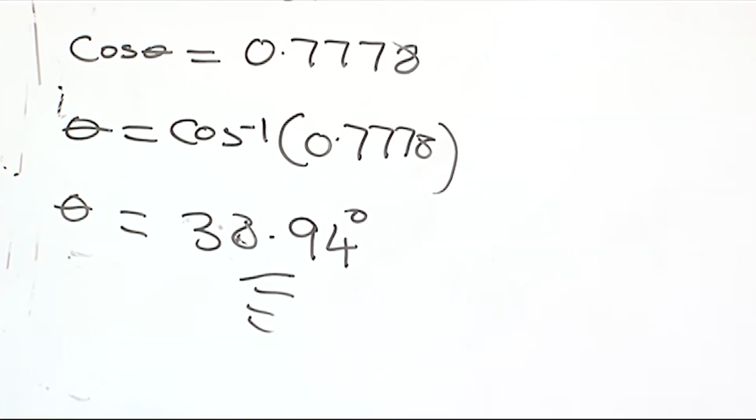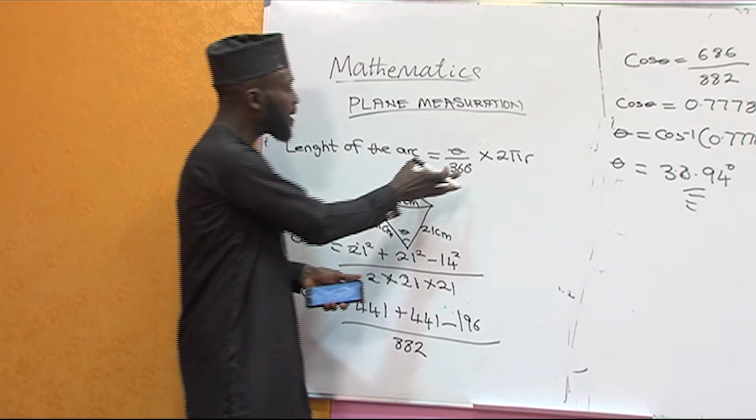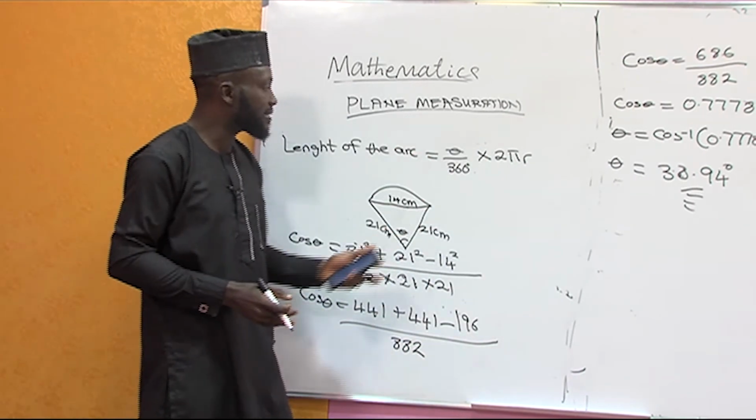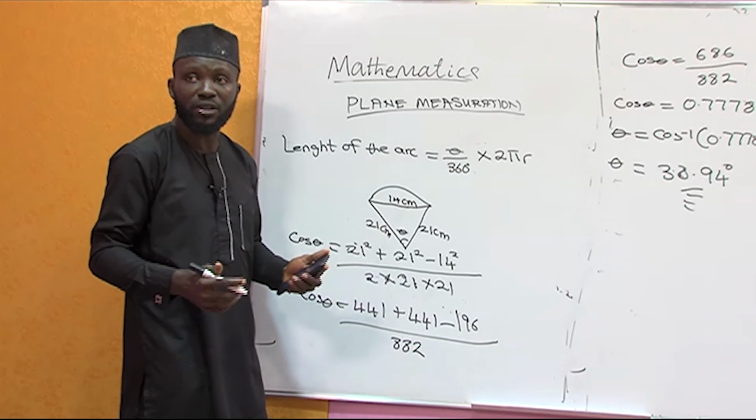But remember that we are looking for the length of the arc. So all I need to do is go back to the formula, substitute for my theta, and note my r. We are given pi to be equal to 22 over 7.